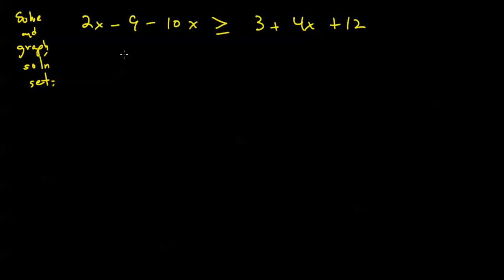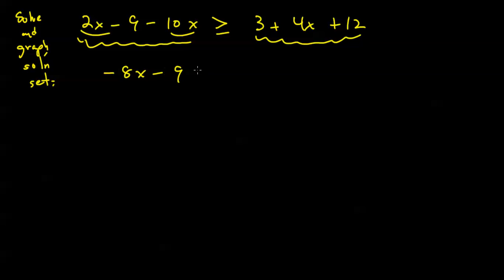Let's try this one. Alright, I would encourage us to crunch together like terms on either side before we start crossing over the inequality symbol. I can combine 2x and minus 10x and get minus 8x. On the right, I get, 3 plus 12 is 15 plus 4x.